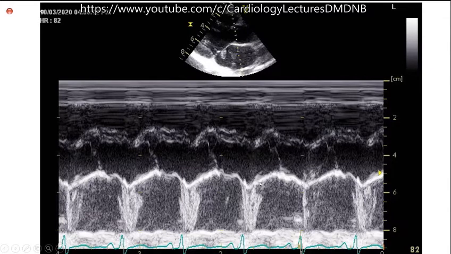In the diastolic phase, it falls into the mitral valve, and then it moves away from the M mode echocardiogram.